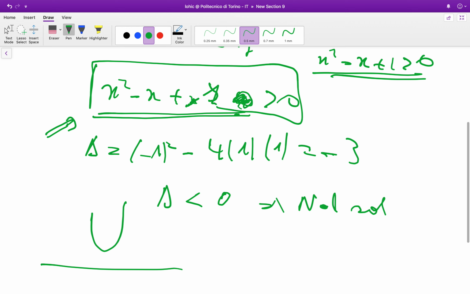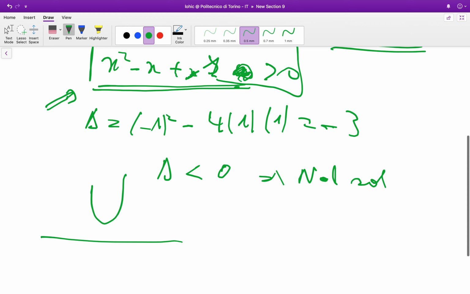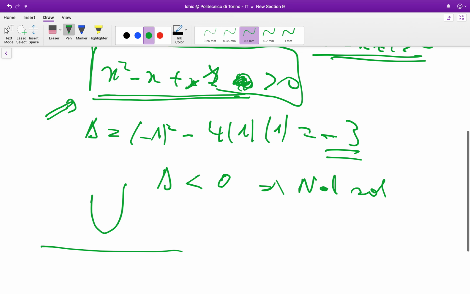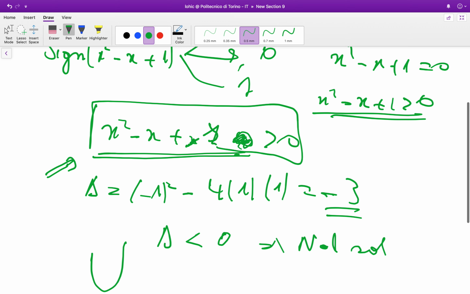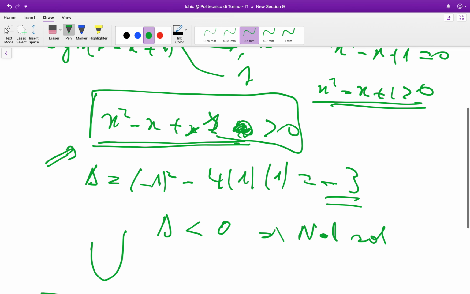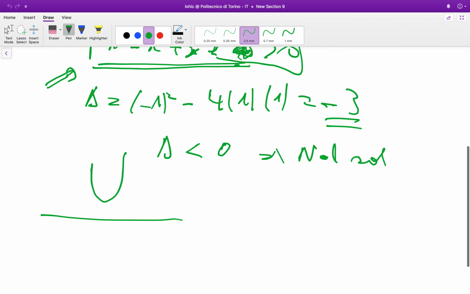The delta is negative, so unfortunately we cannot do minus b plus or minus square root of delta, so there are no roots. And the parabola is an upward parabola, so this will stay like this.